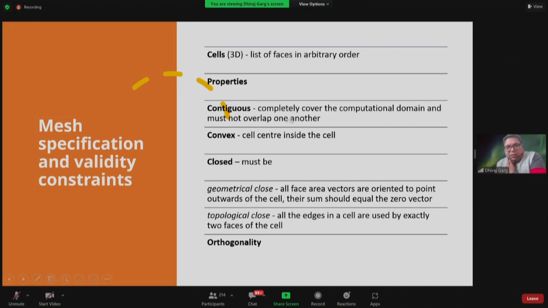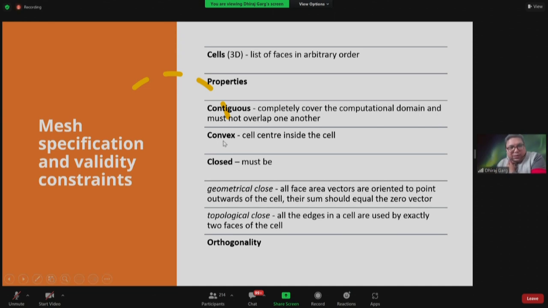That means when you are creating cells, they must completely cover the computational domain, first thing. That means no portion of the domain should be left without any cell. And second, they must not overlap one another. That means they must share the faces, but a face should not be present inside the cell. It must be at the surface. Otherwise, this will not be realistic for normal meshing.